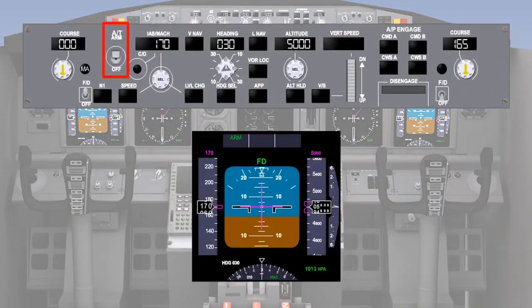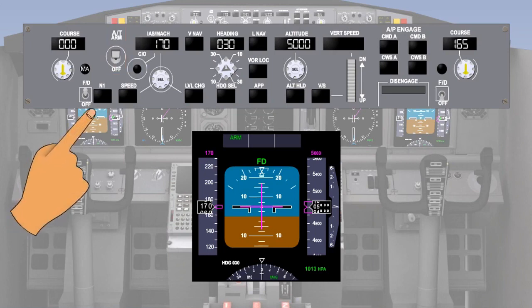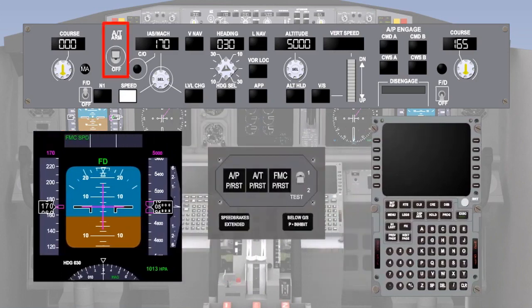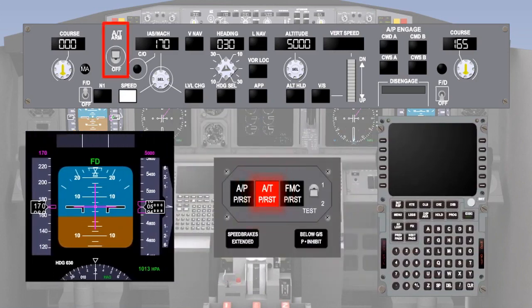Moving the autothrottle arm switch to arm arms the autothrottle for engagement in the N1, Mode Control Panel, or Flight Management System Speed Mode. The autothrottle arm switch is magnetically held at arm until one of the following conditions occurs. The autothrottle arm switch is moved to off.